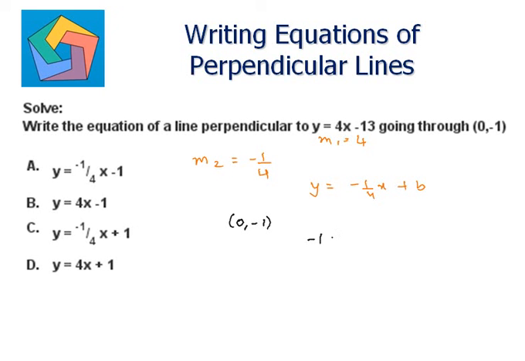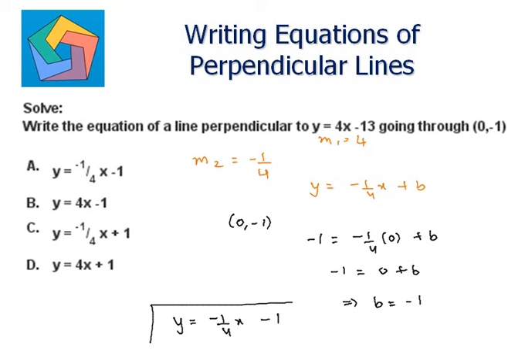So -1 is equal to -1/4 times 0 plus b. -1 is equal to 0 plus b. We get b as -1. So y equals -1/4 x - 1 is the line perpendicular to y equals 4x - 13 passing through (0, -1). I can see this is the answer in the A part.